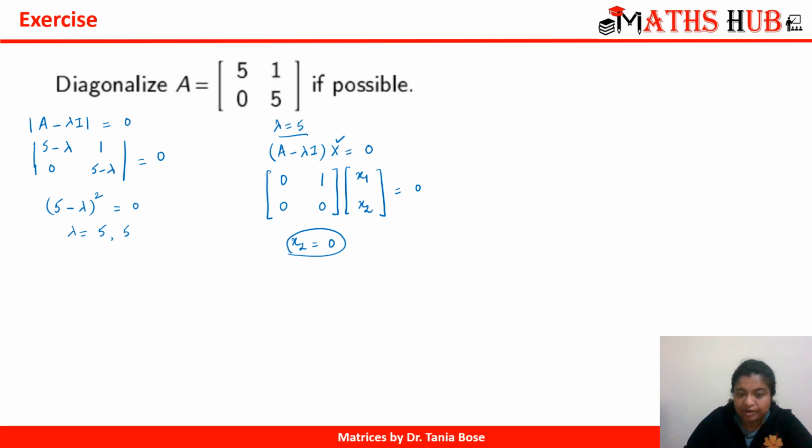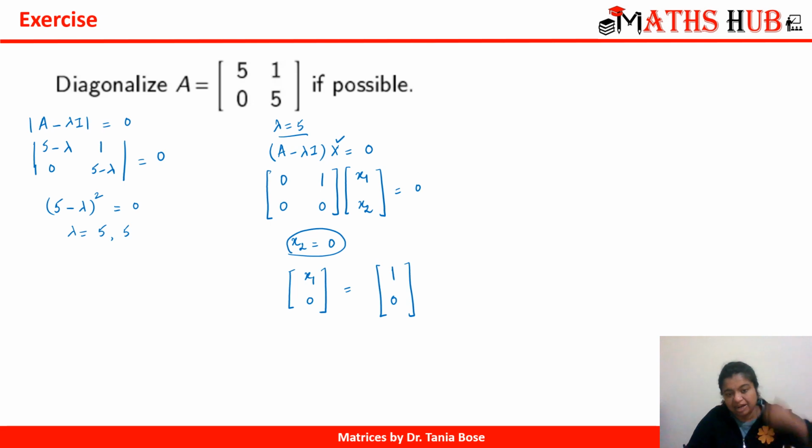That means x1 is free, x1 can take any value. So we get the vector x1, 0. If I take the simplest vector, that becomes 1, 0. That means for the eigenvalue lambda equal to 5, I will be getting only one eigenvector, that is 1, 0, right?